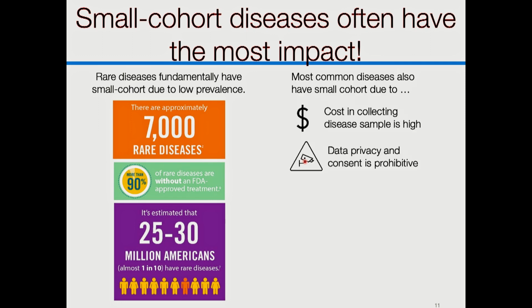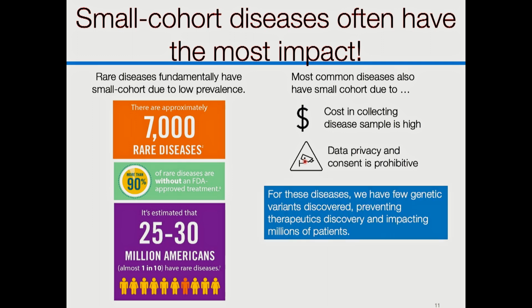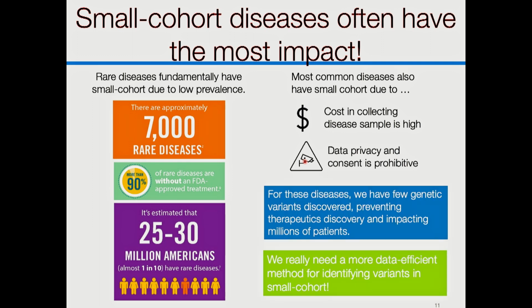And other than rare disease, many common diseases also do not have big cohorts, because there's cost in collecting disease samples, and there are data privacy and consent issues. So for these diseases or small cohort settings, we really need a more data-efficient method for identifying these variants.